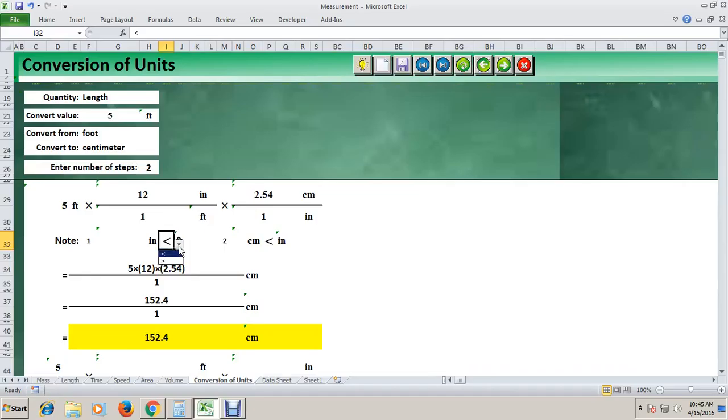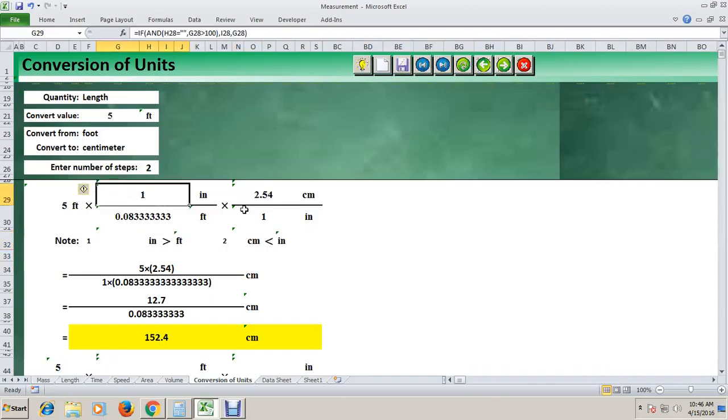But if you're going to have this in reverse, if you're going to specify 1 inch, there should be a lesser number of foot as compared to 1 inch. Just like what happened here, when I reverse the direction of the inequality, the number of foot becomes a lesser value as compared to the number of inches.